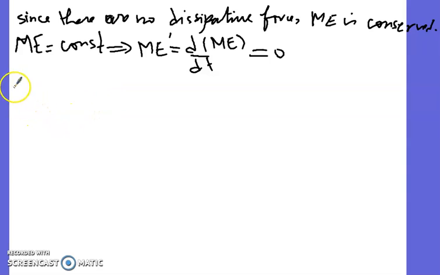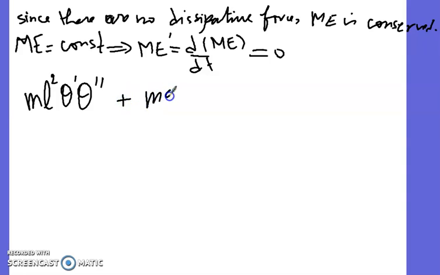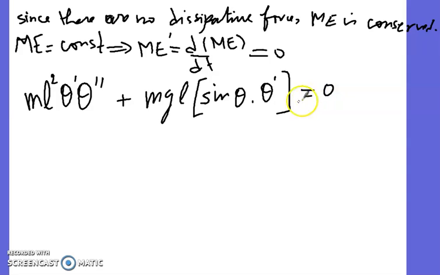We get m L squared theta prime theta double prime plus mgL into the derivative of minus cosine. Cosine is sine theta times theta prime, and all of this equals 0.